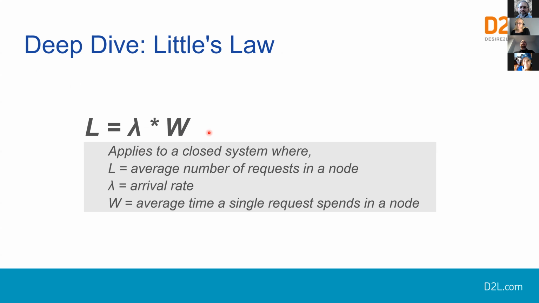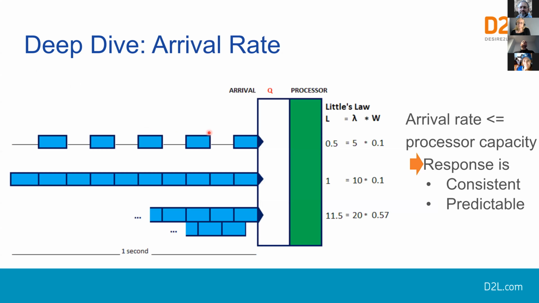And let's have a look at the next slide to visualize the concept that we were presenting until now. To exemplify Little's law, we'll assume that we have a closed model, processor and queue, where processing a request will take 100 milliseconds for all requests, and requests are coming in orderly fashion and at constant time interval.